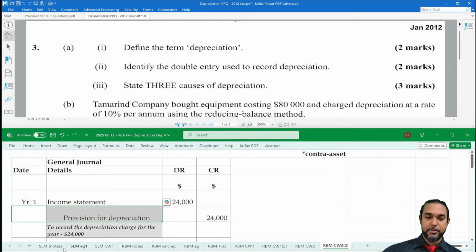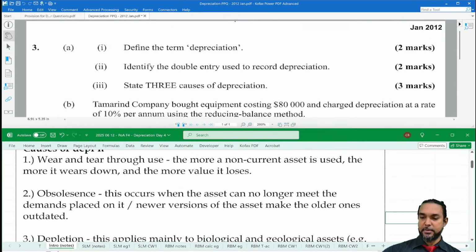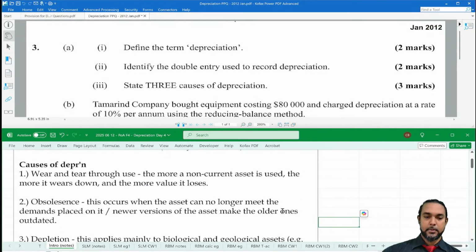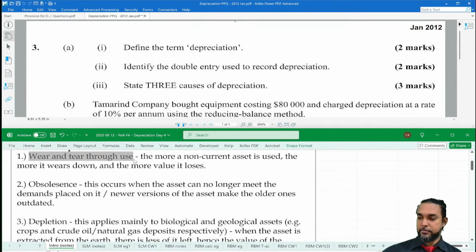And the causes of depreciation, now they asked for three. Let me zoom out a little bit. So wear and tear, or use. When you use the asset, it breaks down, it's used up. Obsolescence, and depletion.